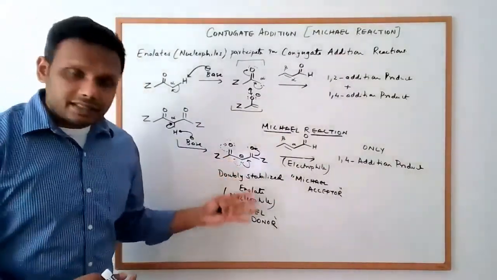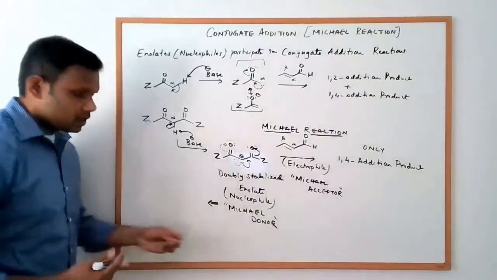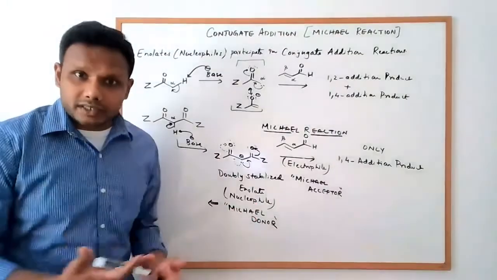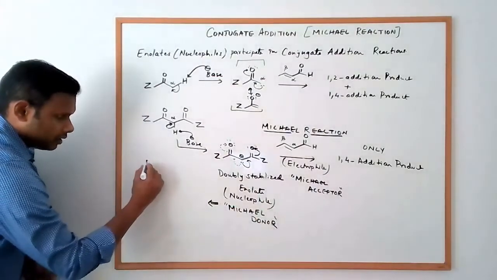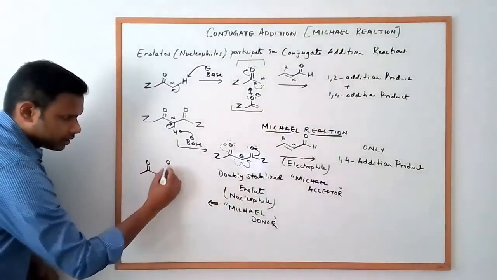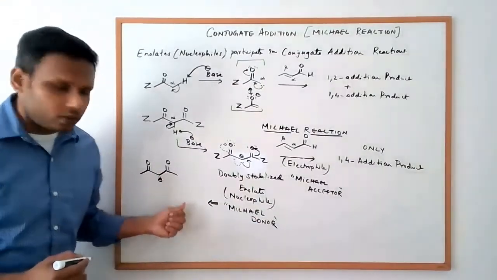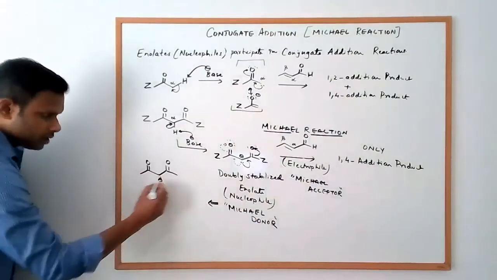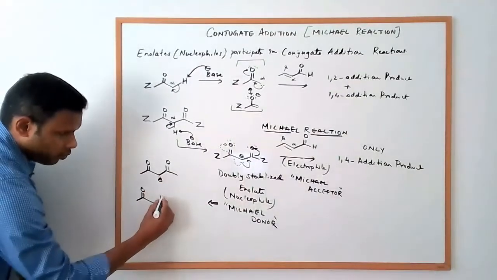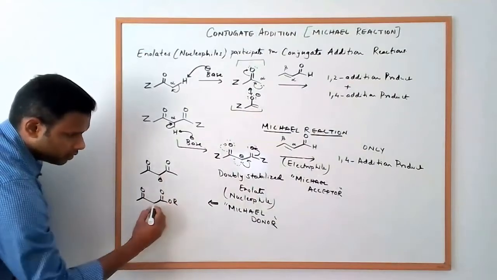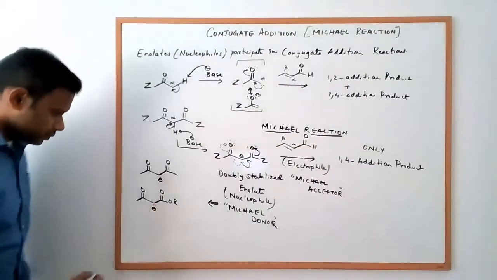Now, the doubly stabilized enolates, the Michael donors, there are several varieties. So we can imagine an enolate which is doubly stabilized by 2 ketones. This would be a good Michael donor. It does not have to be 2 ketones. It can be 1 ketone and 1 ester. That would also be doubly stabilized.